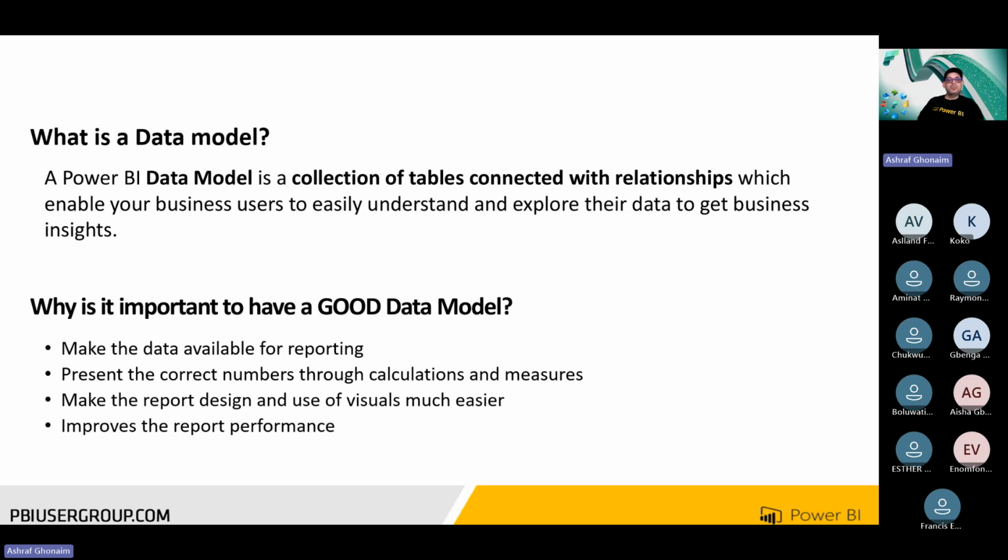So many tables, so many joins, etc. So your best interest is to simplify the model, as I mentioned, minimize the number of tables as much as you can, and go as close to the star schema as possible, because that's the simplest model, and we'll talk about it in a minute.